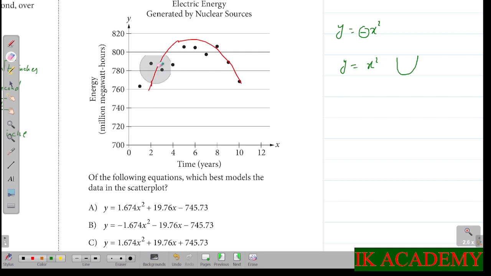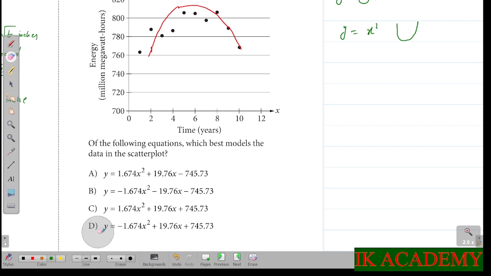So here the parabola of the scatter plot is opening downward. It shows that the coefficient of x square must be negative. So in option B and option D, we have the negative coefficient of x square. So one of the options between B and D will be the correct answer.